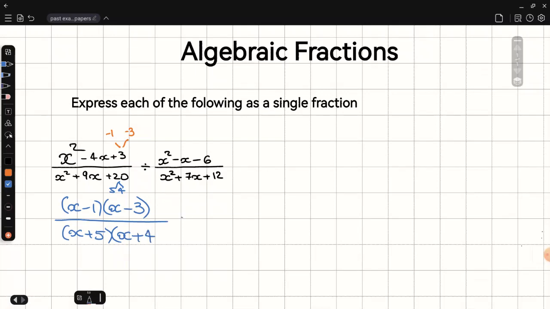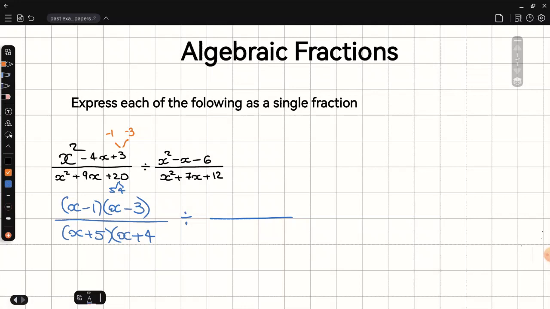All right, so now let's factorize the second fraction, beginning with the numerator. Here we're looking at factors of negative 6: two numbers that when we multiply give us negative 6, but if we add them it should give us negative 1.